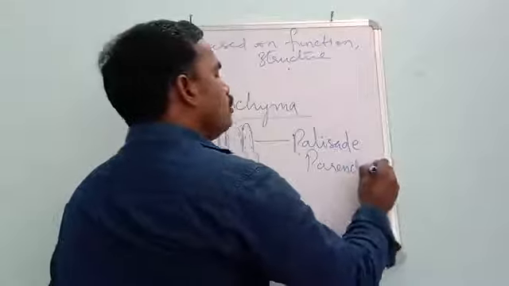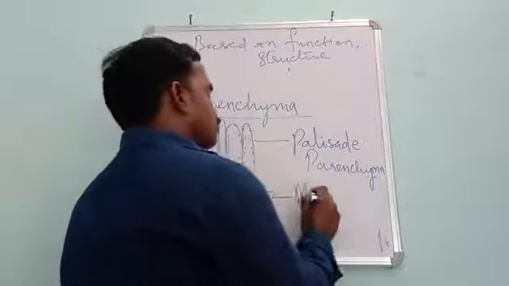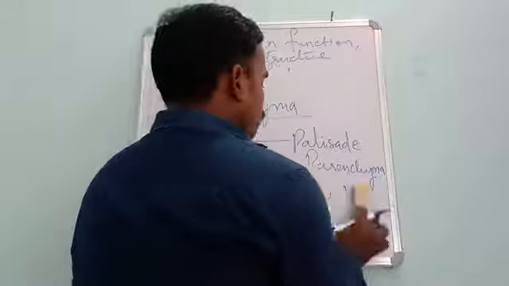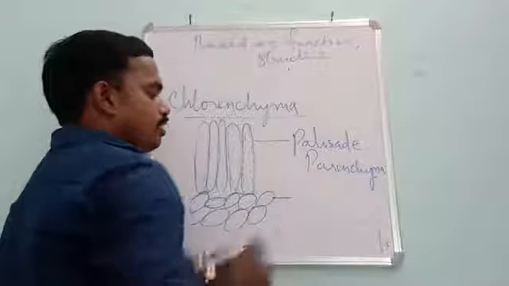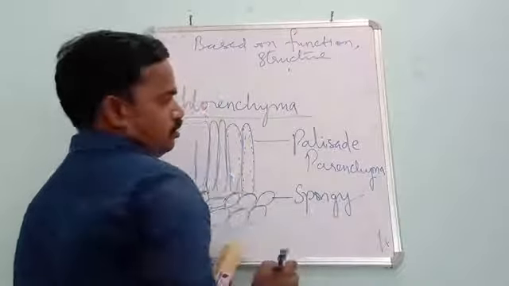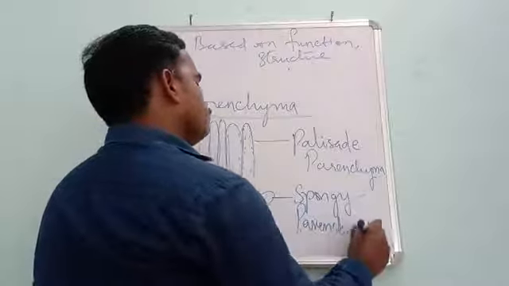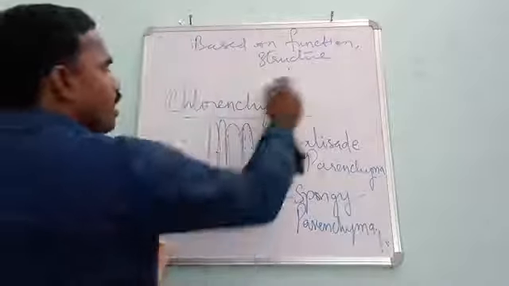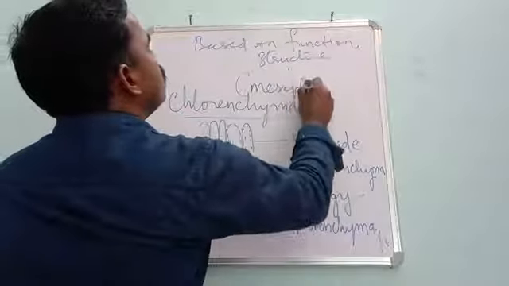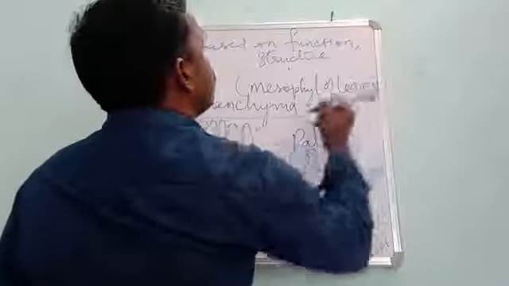We find palisade parenchyma in the leaf. Then spongy parenchyma. Palisade and spongy. So where can we identify these? In the mesophyll of leaves.